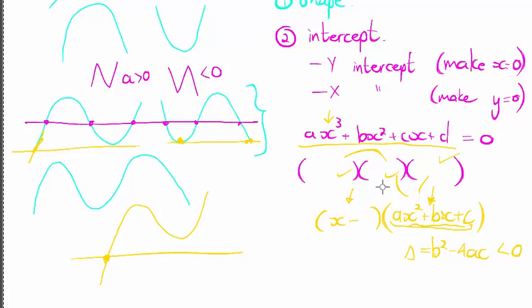So I can have 1, 2, or 3 roots. Okay. For a parabola, I can have 2, 1, or no roots. 2 roots if my discriminant is greater than 0. 1 root if my discriminant is equal to 0, and no roots if my discriminant is less than 0. Was that okay?